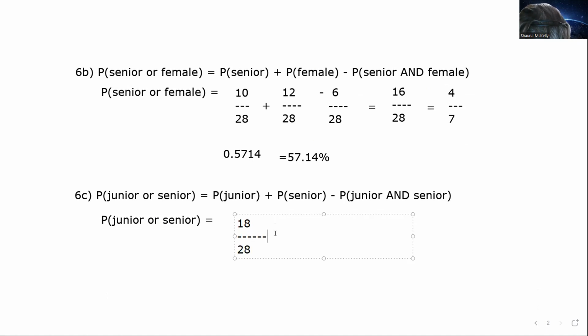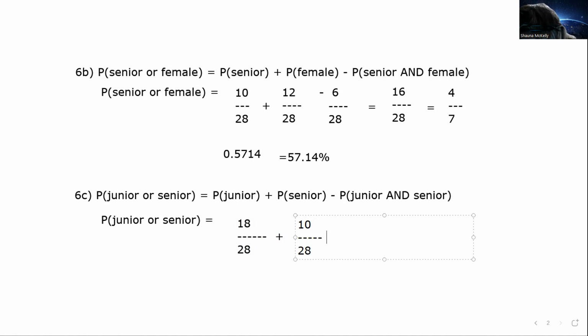The probability of being a senior, we did up there, that's 10 out of 28, minus the probability of being both.